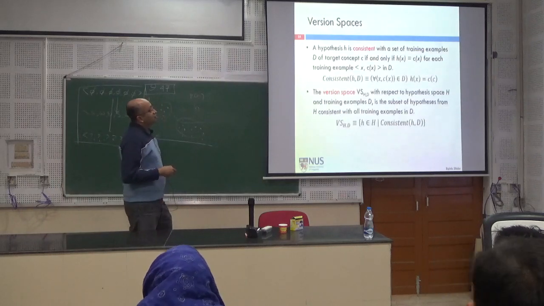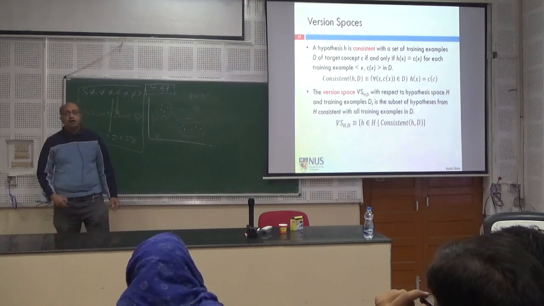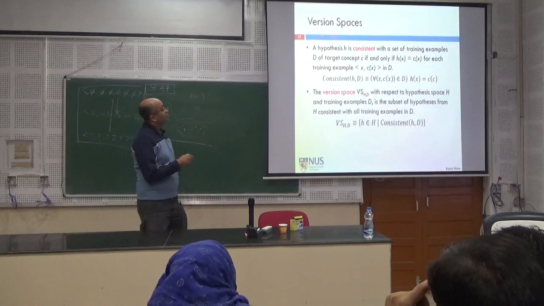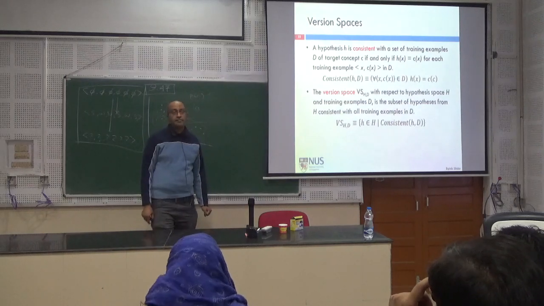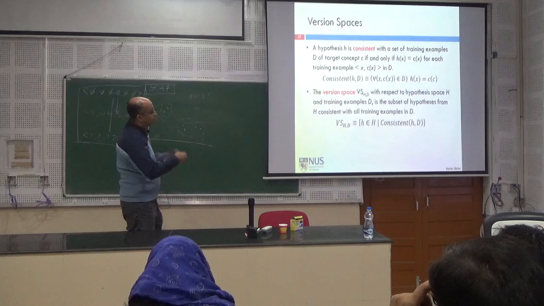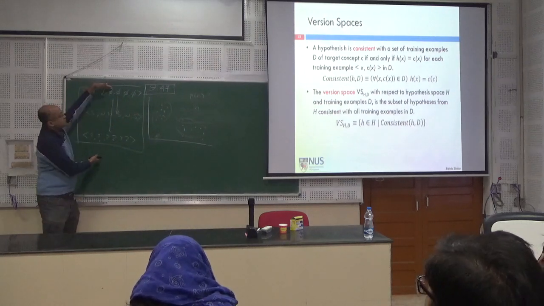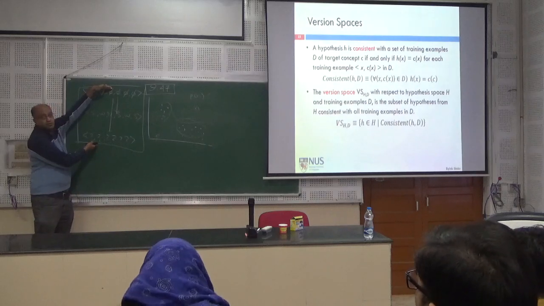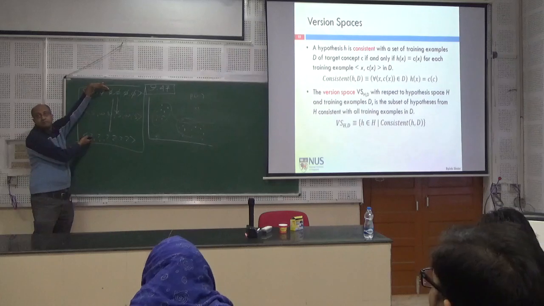Right. So now let's come up with a better algorithm. In order to come up with a better algorithm, what we will do is we'll first define something called version spaces. So in order to get there, it's something like this, right? This was the most specific, this was the most general. Right now, this is my version space.